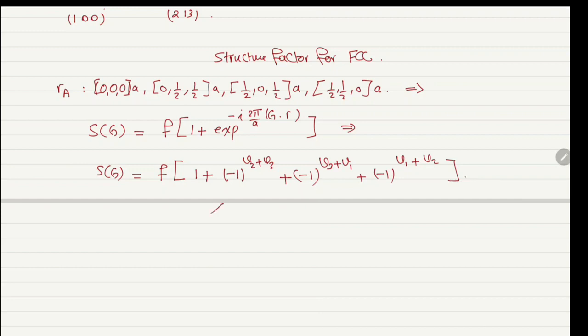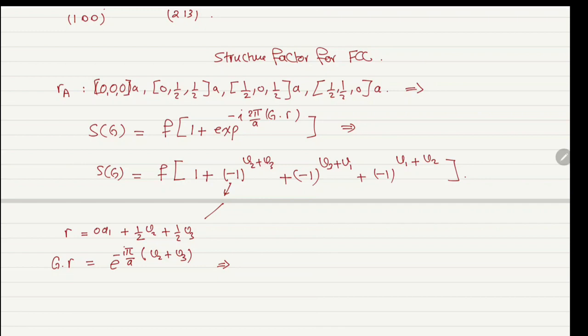In such a way, this factor here comes from R equal to 0 A1 plus half V2 plus half V3. When you dot product this one with G, with R, you will get e to the minus i pi over A times V2 plus V3.